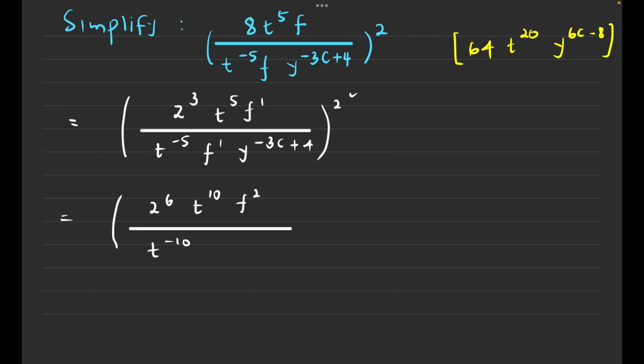F to the power 1 times 2, it's f squared. Y to the power minus 3c plus 4. So I'm going to multiply 2 times negative 3c plus 4. That's going to be y to the power minus 6c plus 8.